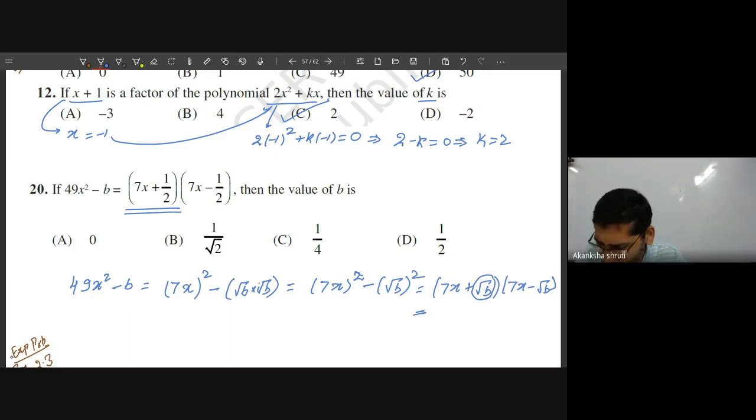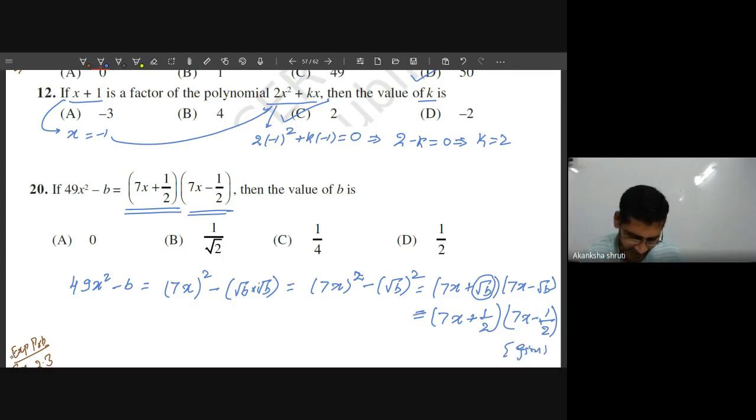So this has to be equated to 7x plus 1/2, because with the plus sign we have to equate. And 7x minus under root b has to be equated to 7x minus 1/2. It is given, okay? Right hand side I have taken. First I have factorized the left hand side, then I have equated it to the right hand side.